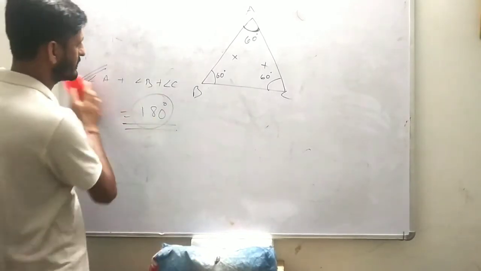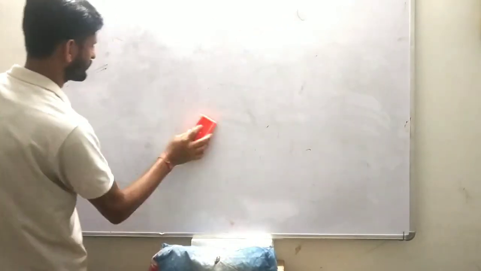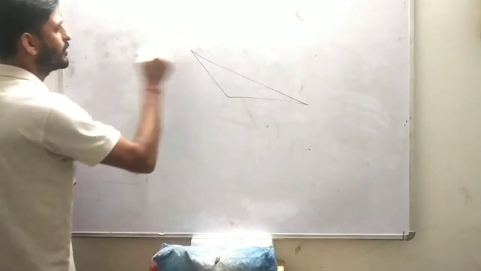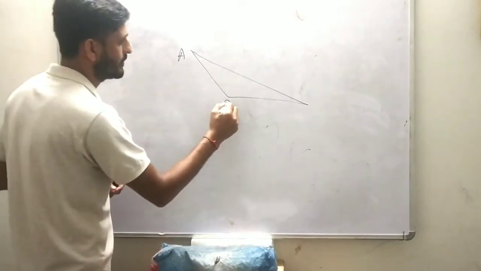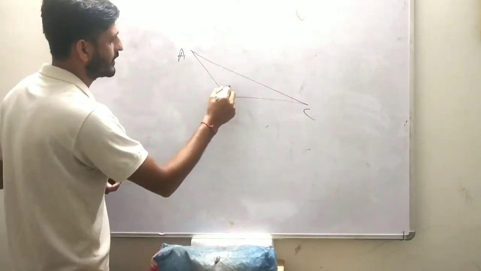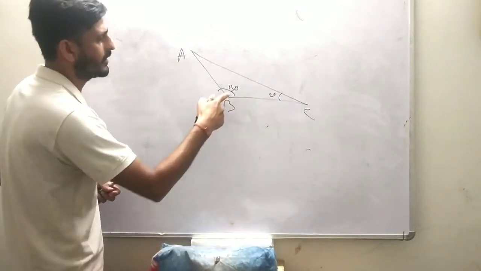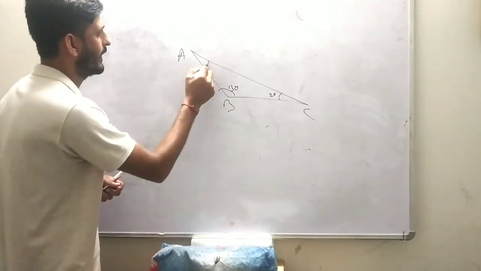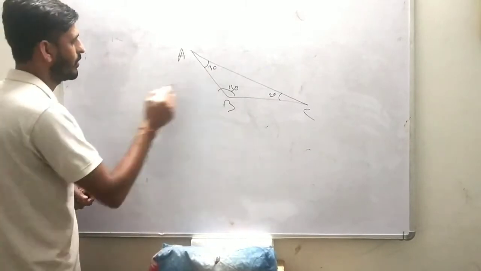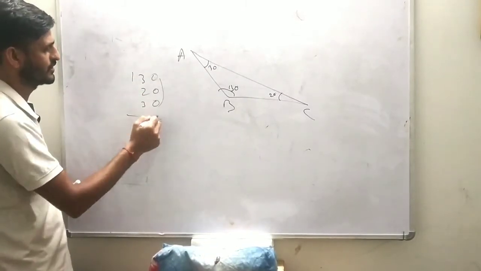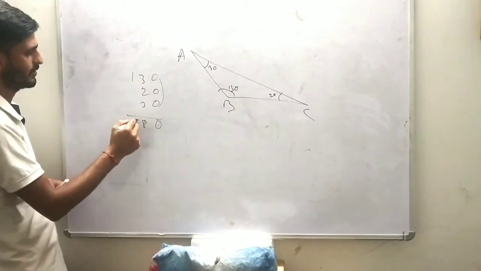Suppose we take this type of triangle, an obtuse angle triangle, named ABC. If one angle is 130 degrees and another is 20 degrees, 130 plus 20 is 150, so the third must be 30 degrees, because 130 plus 20 plus 30 is 180 degrees.